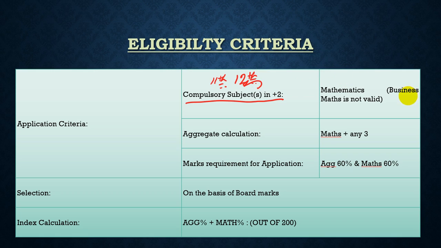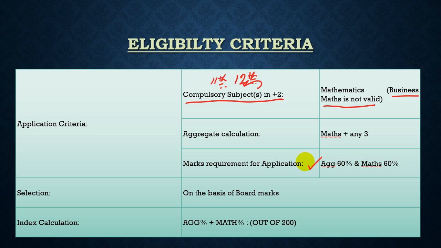But note that if you just have business mathematics, without mathematics, then it will be invalidated. They have a minimum requirement for application, and that is an aggregate of 60%, and they ask for 60% in mathematics marks.